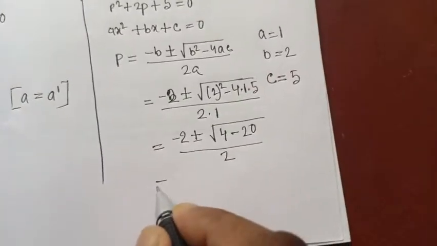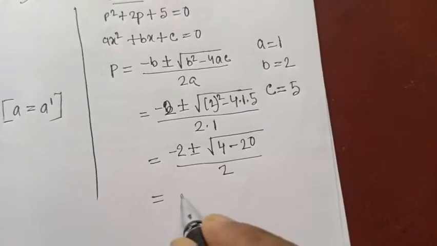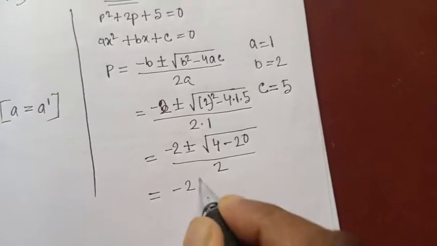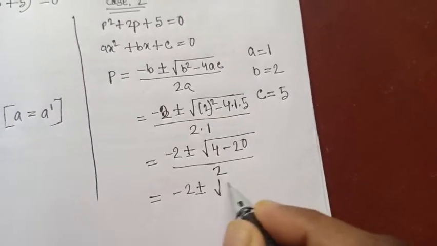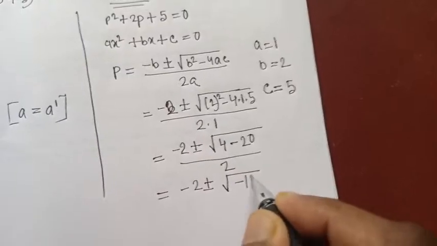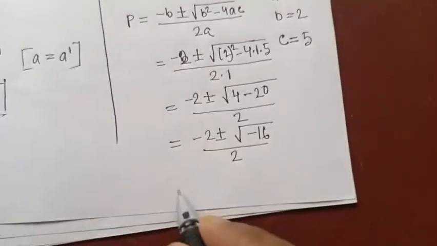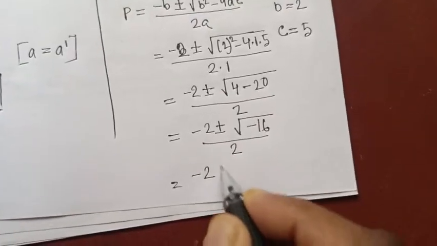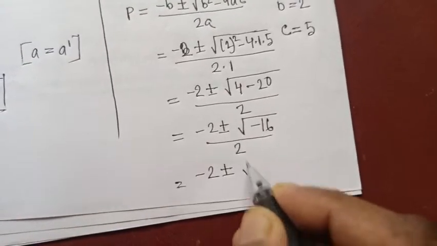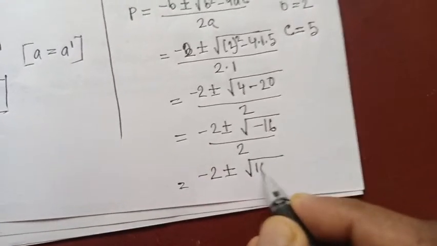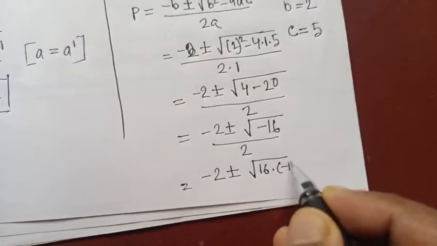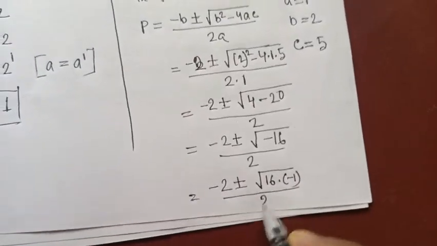So now p equals minus 2 plus minus root over minus 16 by 2. We can write that minus 16 as a multiple of 16 into minus 1, by 2.